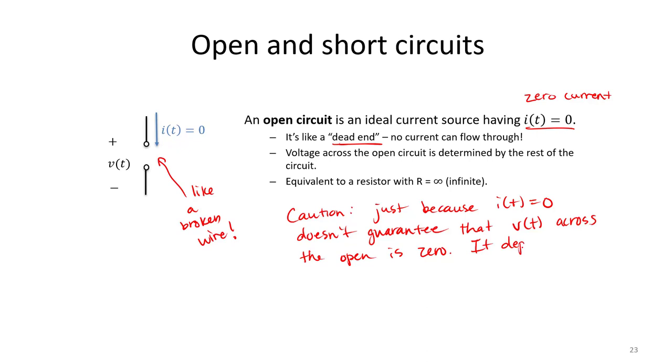It depends on the rest of the circuit. So be careful there. Just because current is zero across those 2 points, that does not necessarily guarantee that voltage will be zero. You can also think of an open circuit like a resistor with infinite resistance.